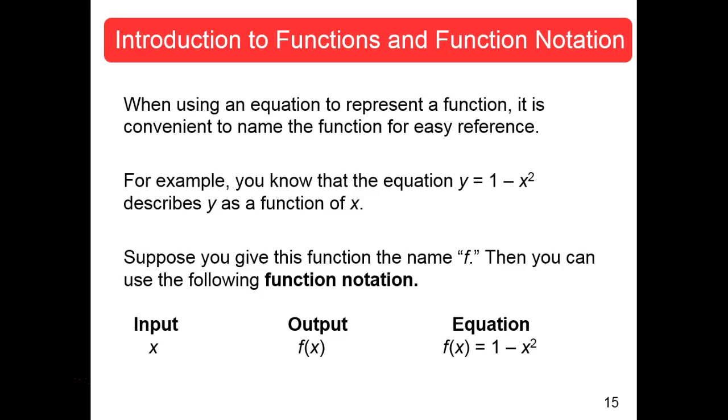Here's the equation. f of x is equal to 1 minus x squared. Now, how does that relate to this? Do they look similar? What could you say about it, looking at those two equations? Well, not the same thing. This says y, this says f of x.